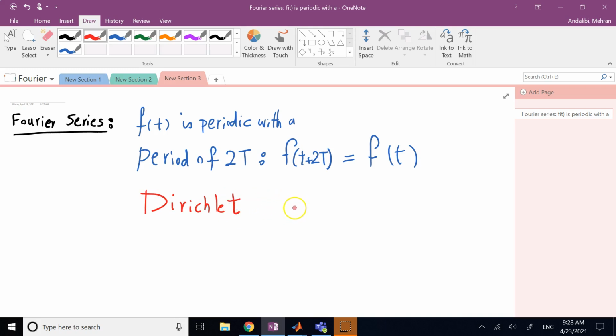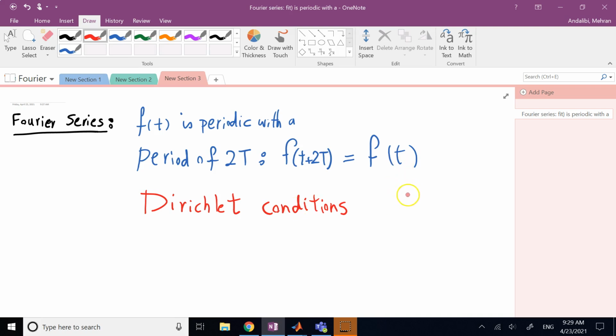So if the function also satisfies these conditions called Dirichlet conditions, and there are three of them, this function must be absolutely integrable over one period, and it has to be of bounded variation in any bounded interval, and it also must have a finite number of discontinuities, and those discontinuities should also be finite themselves. Okay, so there are three conditions. If you want, go search this.